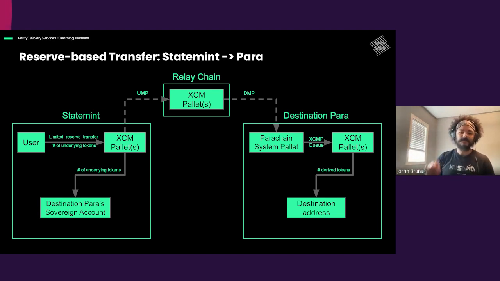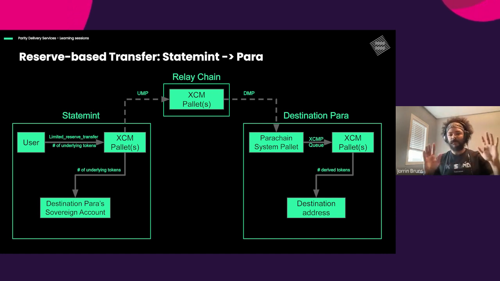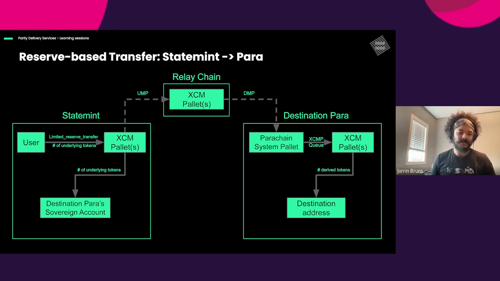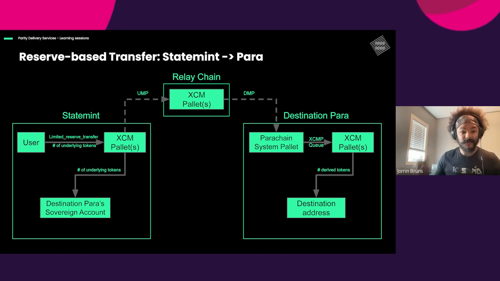And the reason why we do this is so that if ever a number of tokens in excess of the amount in this sovereign account were to try and come back to Statemint, we'd say no, you're sending tokens that don't exist. So say there were 10 tokens in this destination parachain sovereign account on Statemint, and they tried to send 20 tokens back. We're going to say no, that's not legal. These tokens don't exist, and you're trying to double spend essentially.